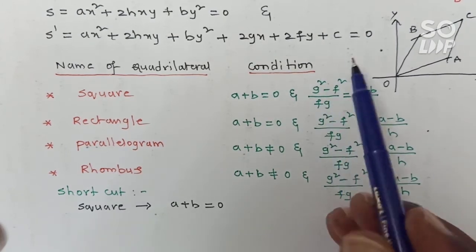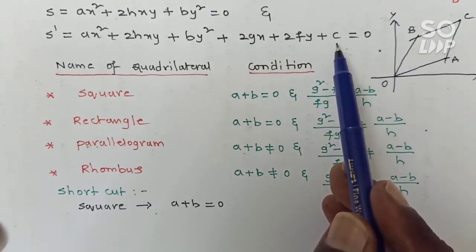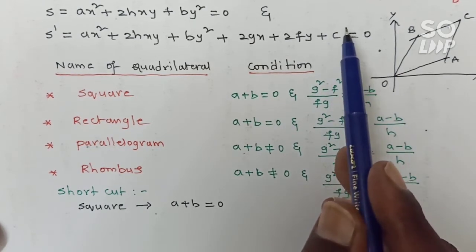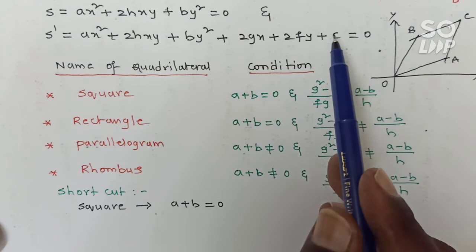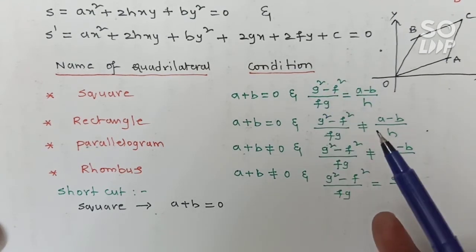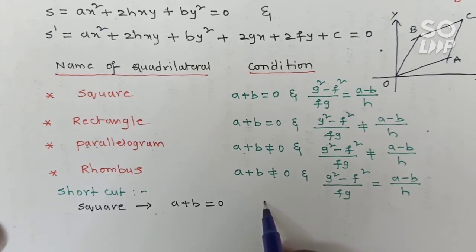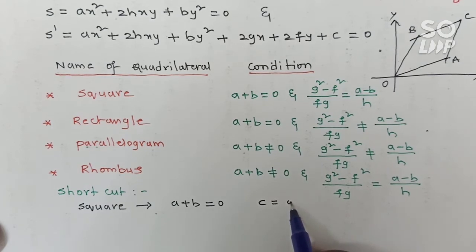And next, look at the constant in the non-homogeneous equation: the constant c should be a perfect square.